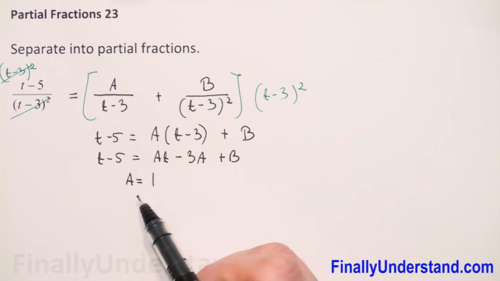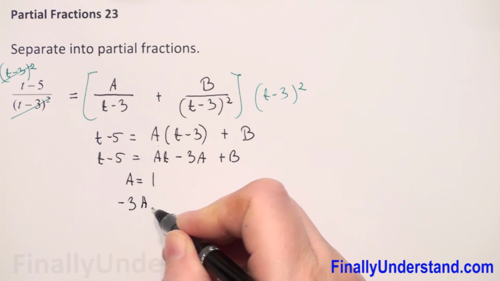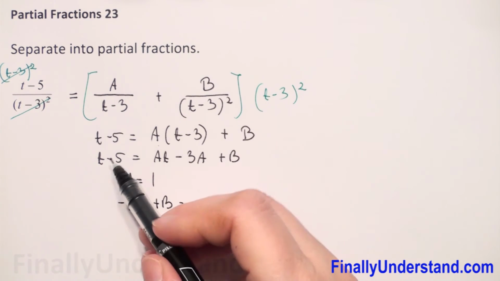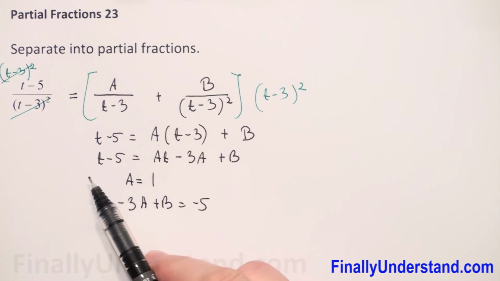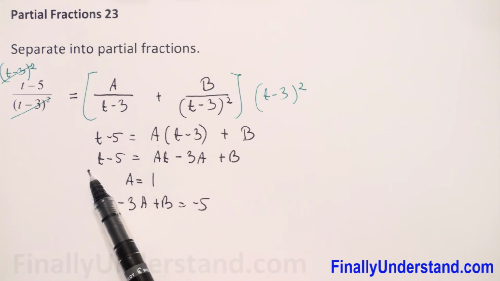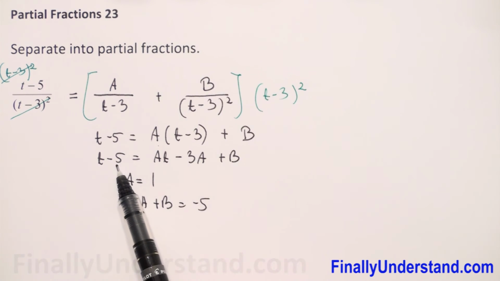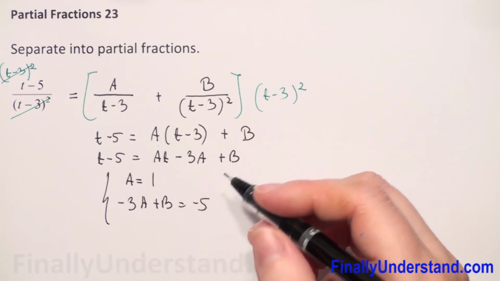And next we have negative 3A plus B, this is our constant, which must be equal to negative 5. Why? Because the left side must be equal to the right side. Coefficients before t must be equal, and constants must be equal. So we have two equations with two unknowns.